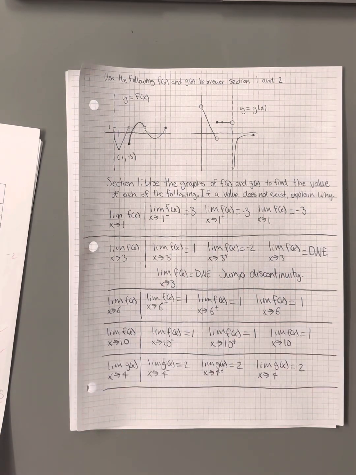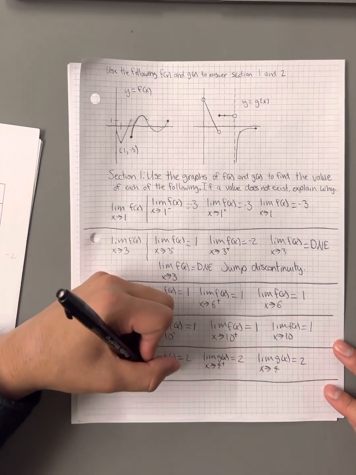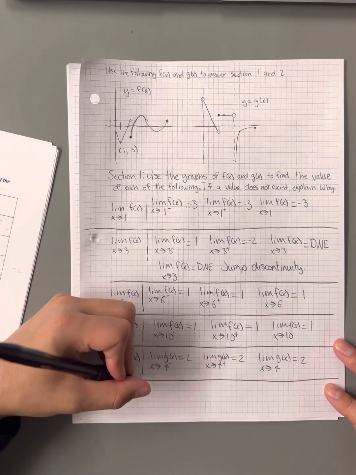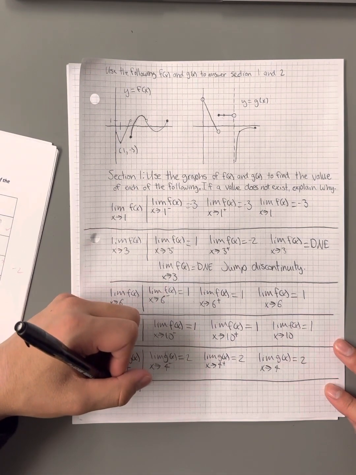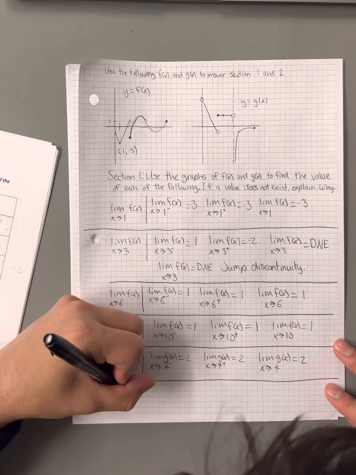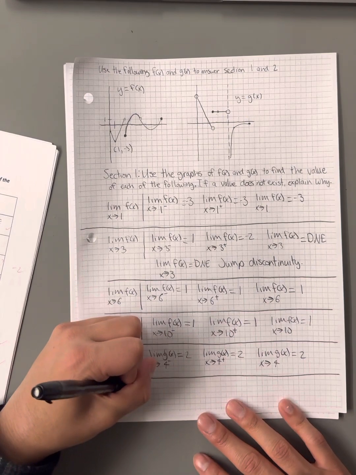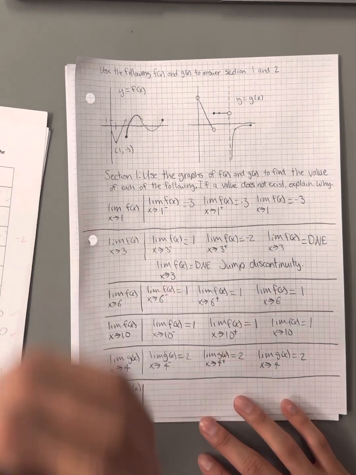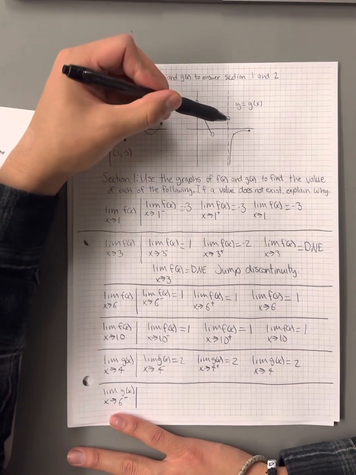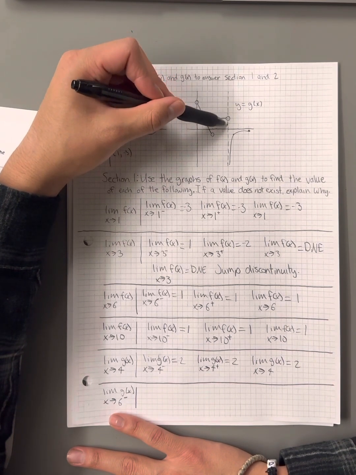I think we can fit one more on this side. And our next limit is the limit of g of x as x approaches 6 from the left, and it's just asking from the left. We don't have to check the right side in this case. So let's look at it from the left as it approaches 6. It is approaching the value 2, and there is an asymptote here.